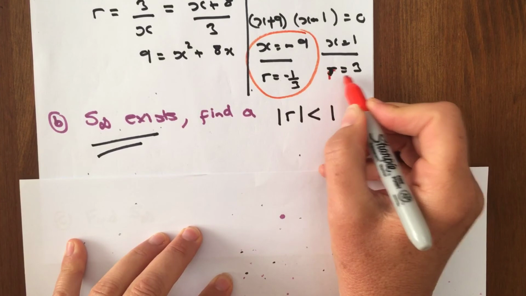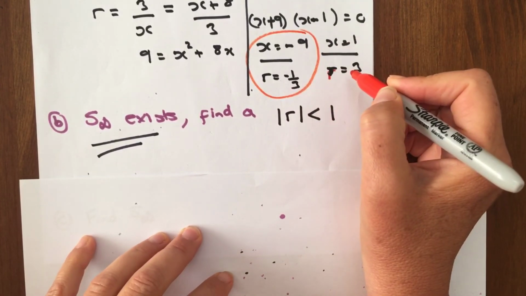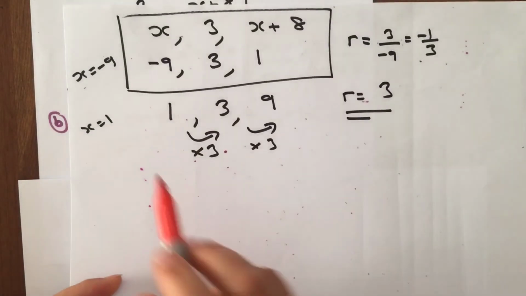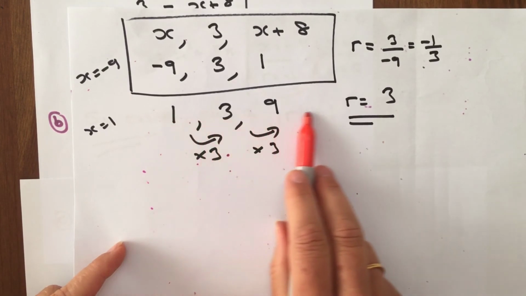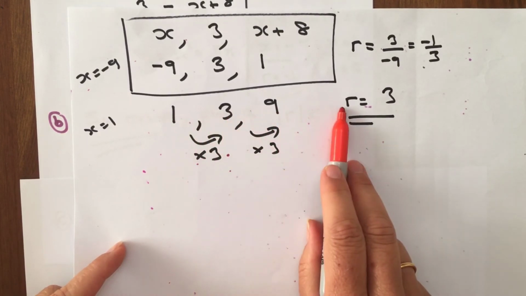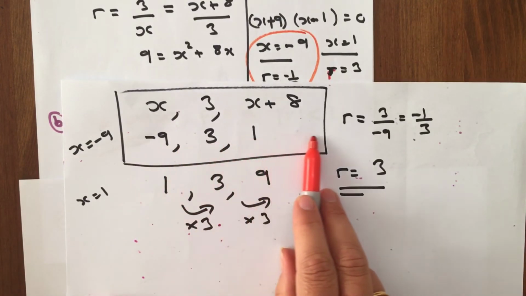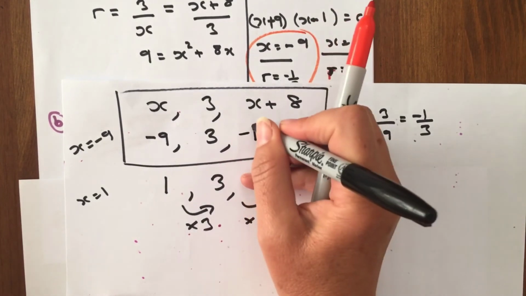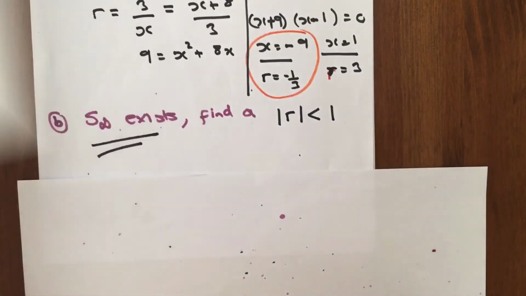Here, R is 3, so this will not have a sum to infinity, because we can see that when R is 3, the sequence is just diverging. It's getting bigger and bigger and bigger. When R is -1/3, the sequence is getting smaller and smaller and smaller. This was -1. Sorry, a mistake there.